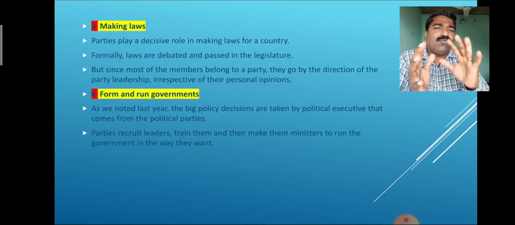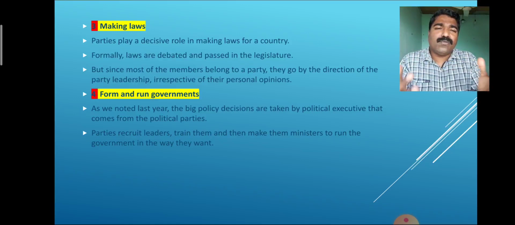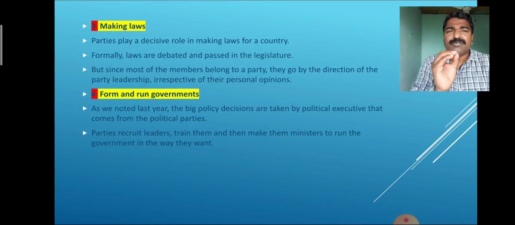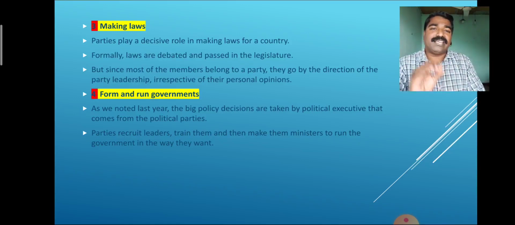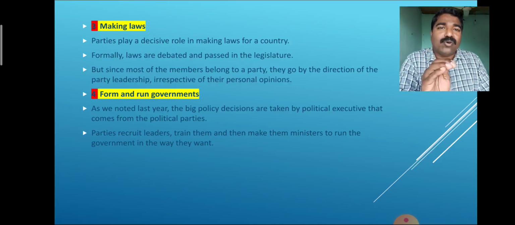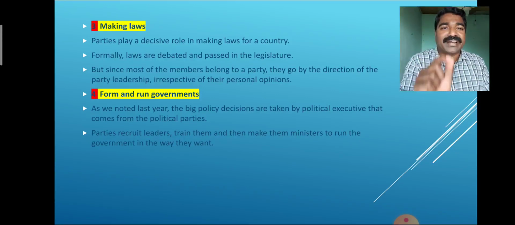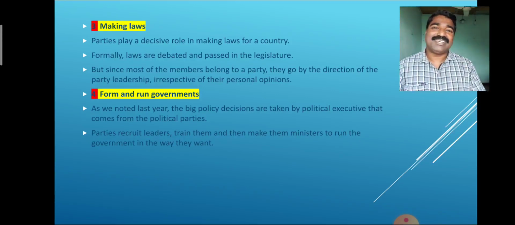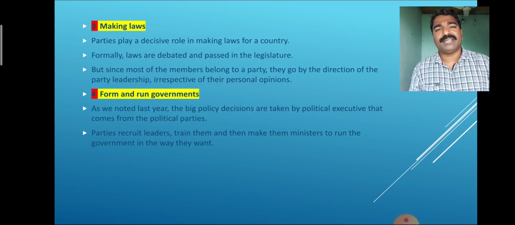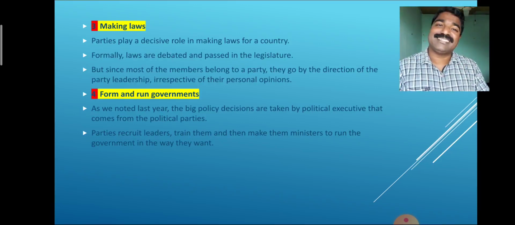They don't discuss, and they don't go by their own experience. They have to make a law according to the decision taken by the party leadership. You can see the important function played by the political party in making laws.